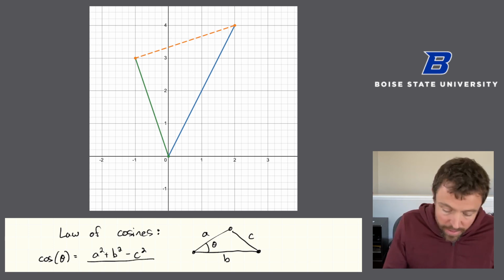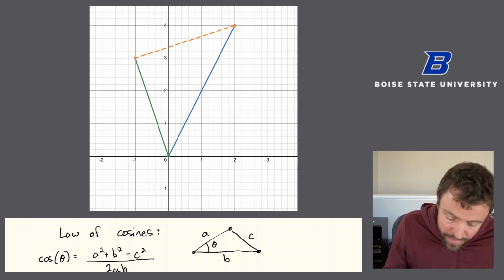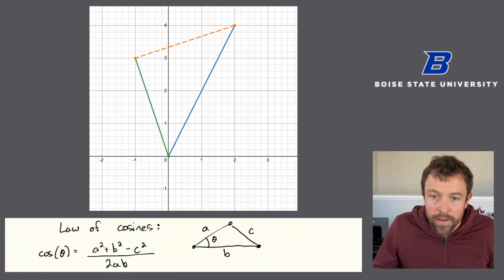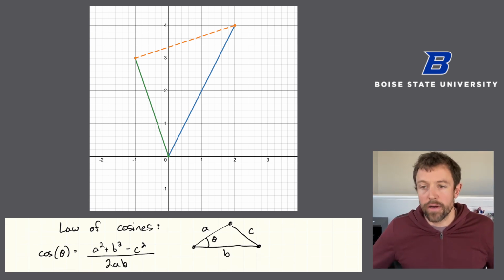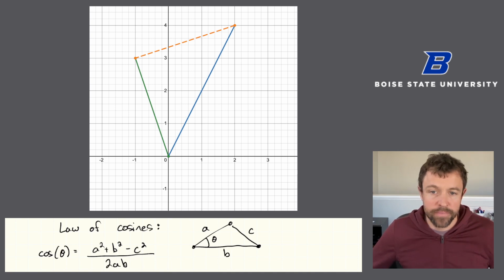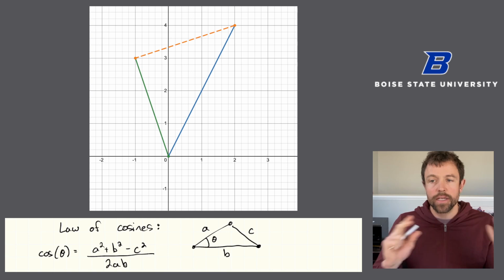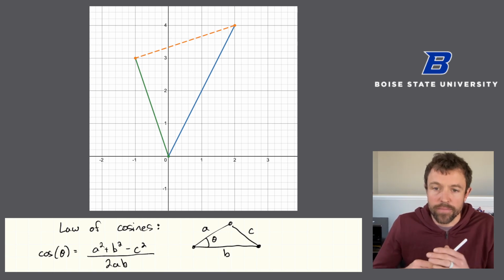I teach math and I don't have the law of cosines memorized. It's given by this formula: a squared plus b squared minus c squared over 2ab. That's the cosine of this angle, and then you take the arc cosine to get the angle.